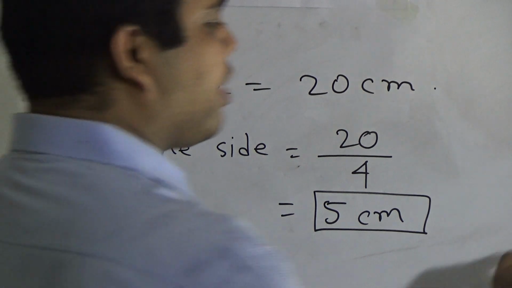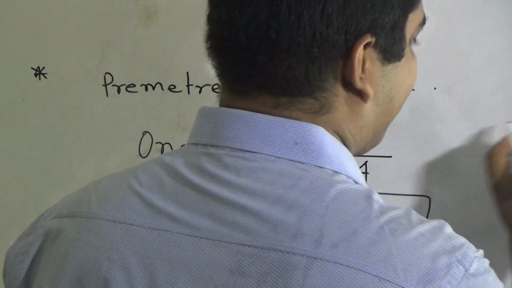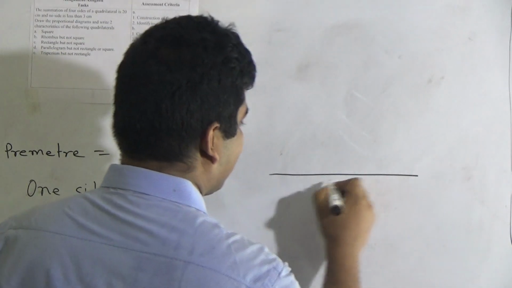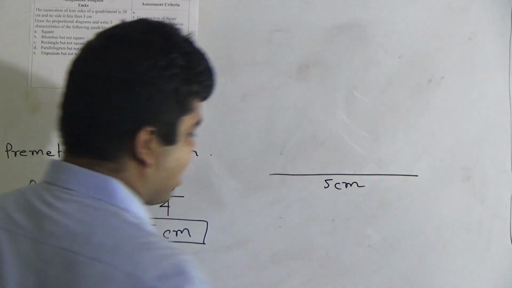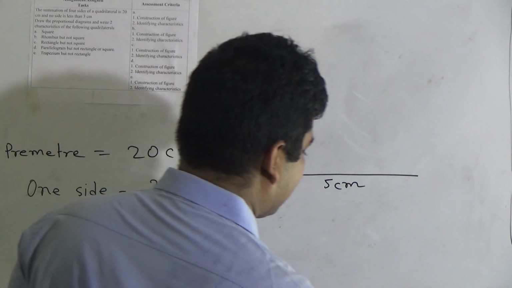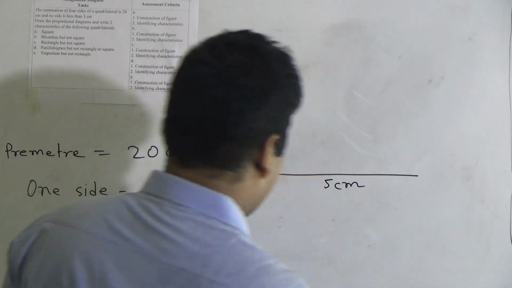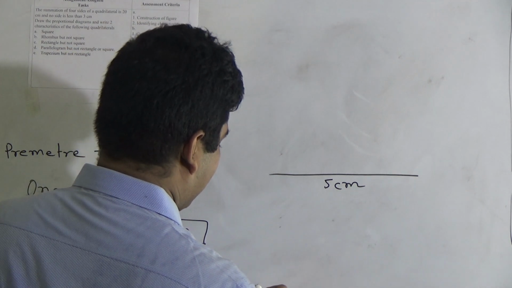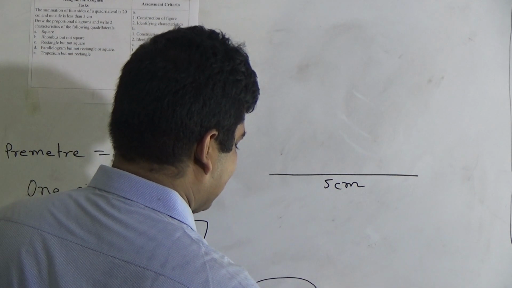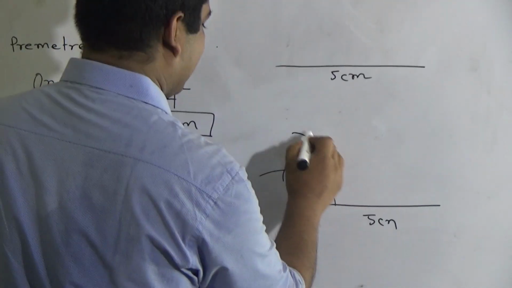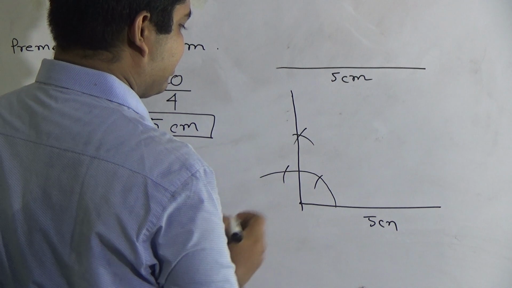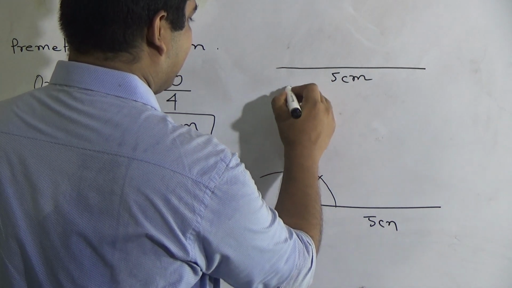First of all, you draw a line whose measurement is 5 centimeters. In this line you draw a right angle by using compass and pencil. Then after drawing this, you take another 5 centimeter side.